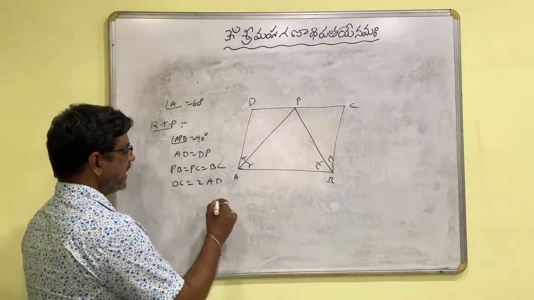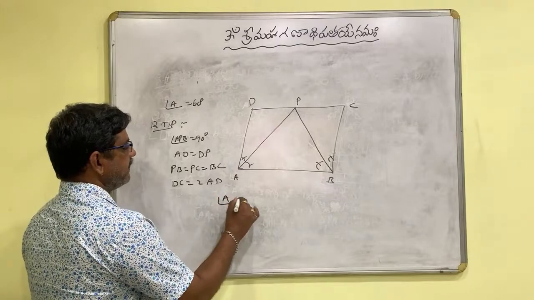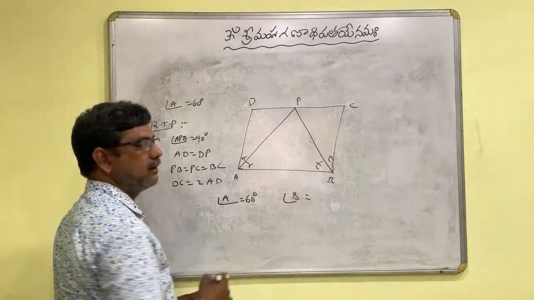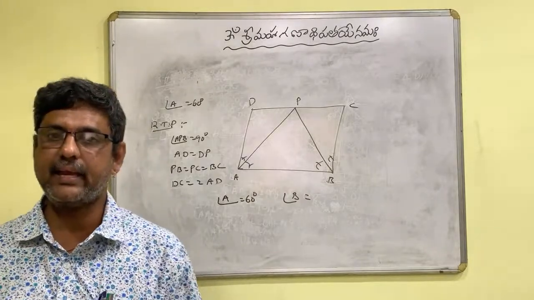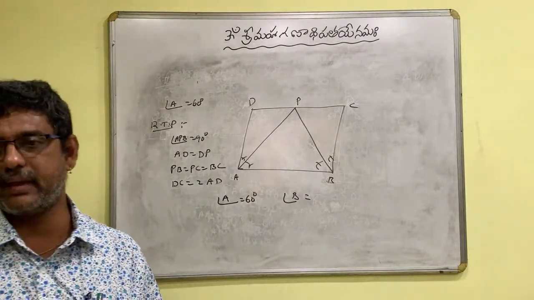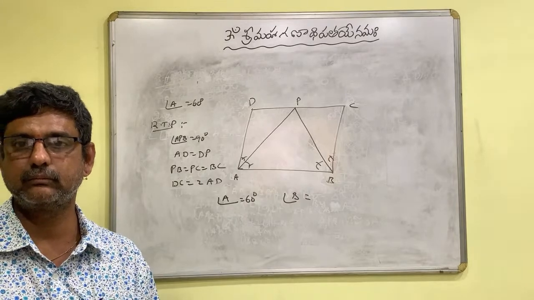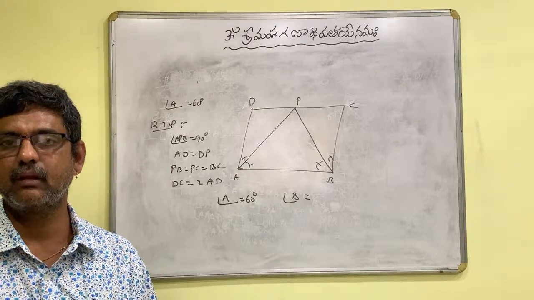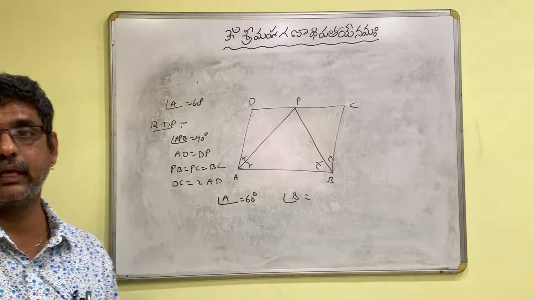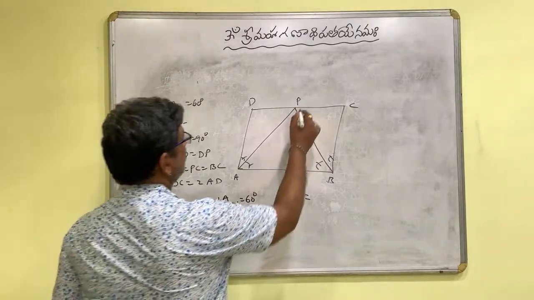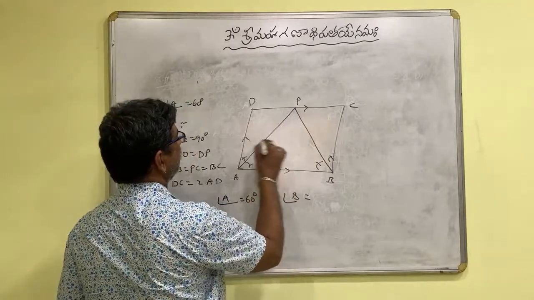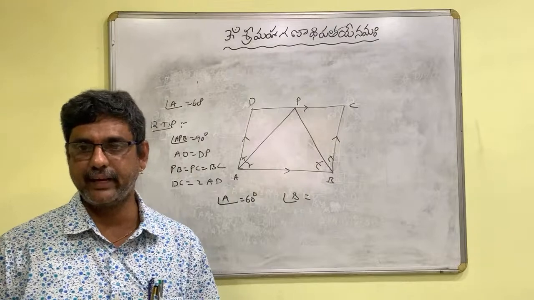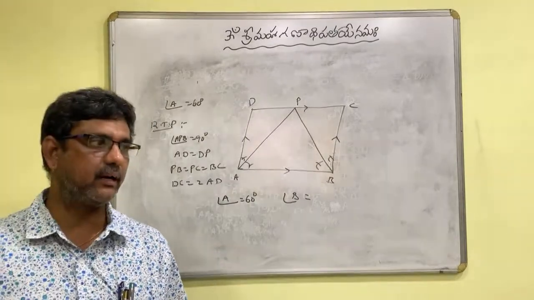Now, my question is, if angle A is 60, what is angle B? ABCD is a parallelogram, keep that in mind. 120. Very good.